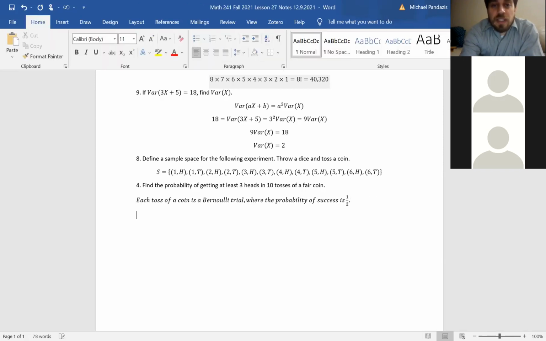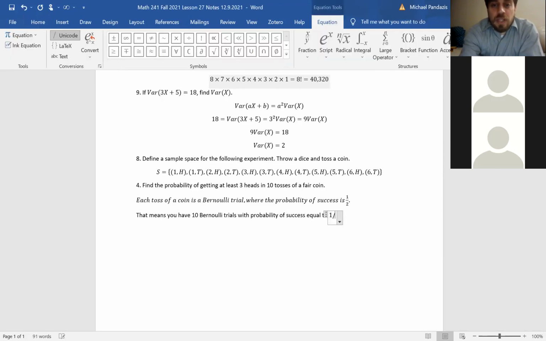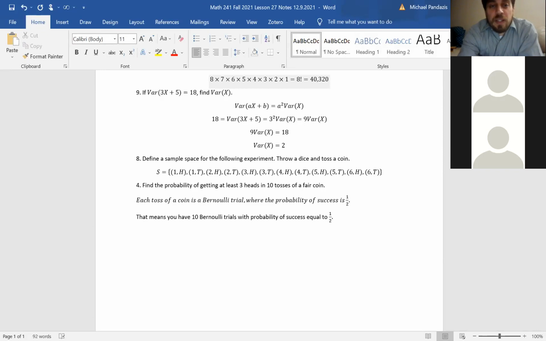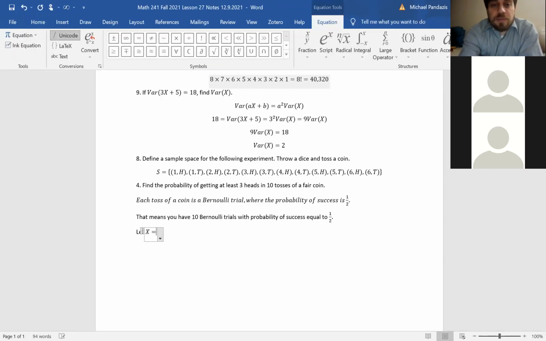And so that means you have 10 Bernoulli trials with probability of success equal to 1/2. Okay, so we're going to let capital X equal the number of successes.